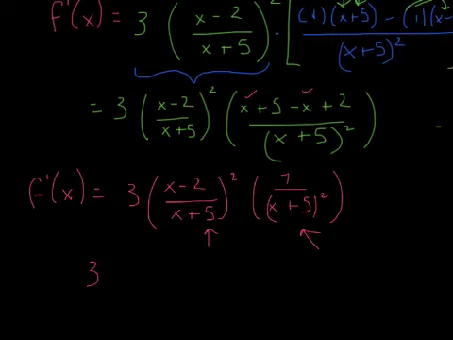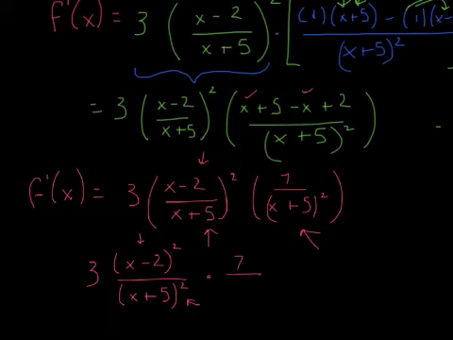So what that really means is you're multiplying the numerator times itself, that's x minus 2 squared, over the denominator times itself. So see how I've separated it? You can do that because that's what it means. Multiplying a fraction by itself means doing the numerator by itself over the denominator by itself. Okay, times, and then I have 7 over x plus 5 squared.